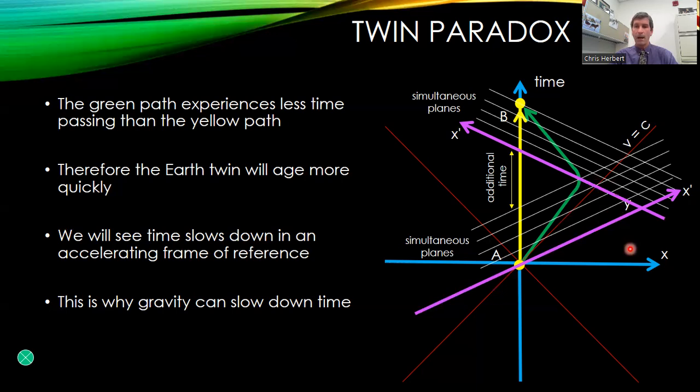Okay. Now, I tried my best here. I show the time, here we're going right here. This line represents distance. If I go perpendicular to distance, I'm going time. So these are steps in time. Here's a step in time. Here's a step in time. Here's a step in time.